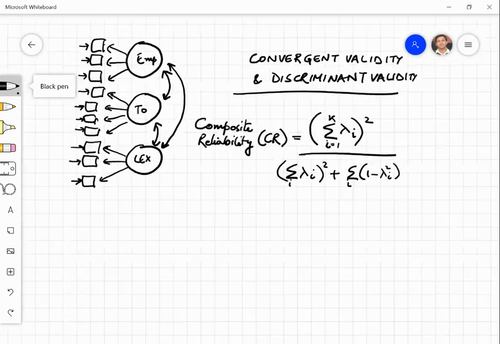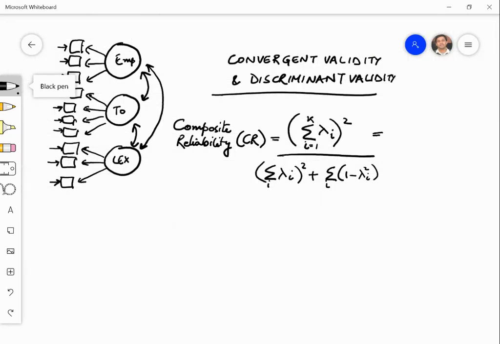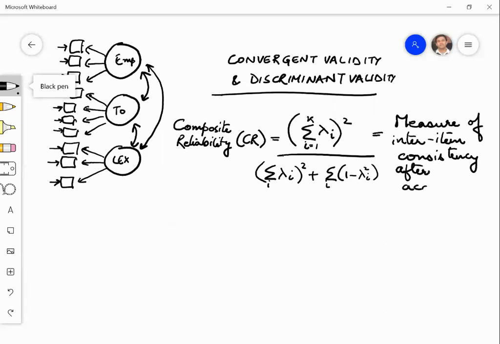And what does composite reliability say? Composite reliability is, just like Cronbach's alpha, a measure of inter-item consistency after accounting for measurement errors.